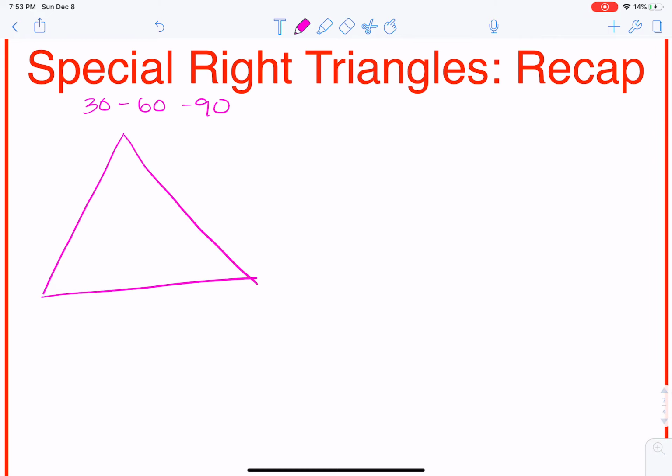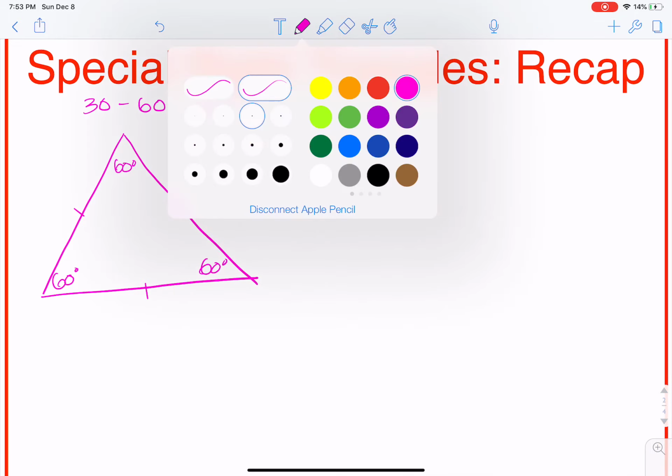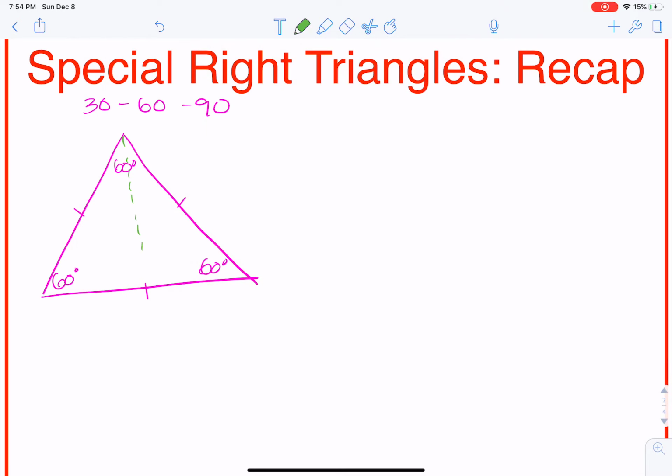Let's take a look at an equilateral triangle. In an equilateral triangle, I know that all of my angles are equal and all of my side lengths are equal. So, a really brief proof here: from this point, I can drop in an altitude, and knowing the definition of altitude, this creates a 90-degree angle with the opposite side of where the altitude is starting from.